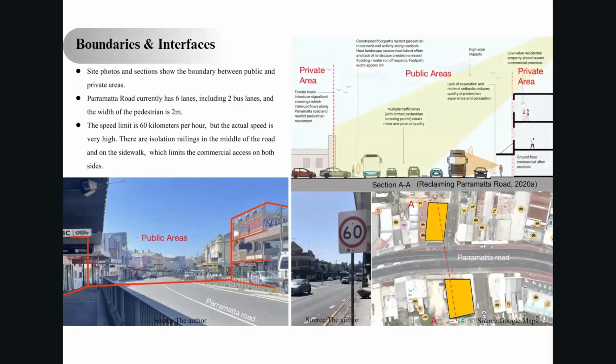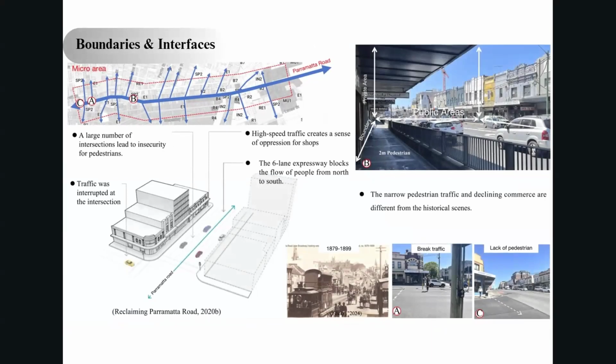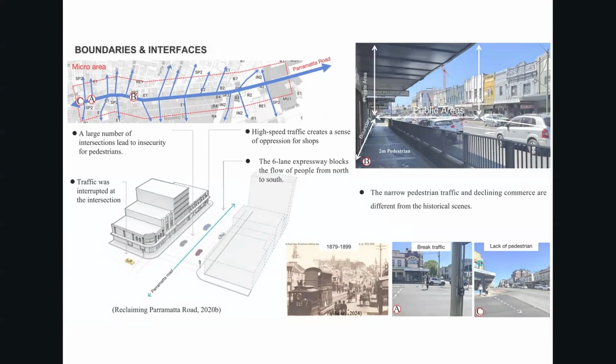The 2 meter pedestrian walkway makes people feel the pressure from the street. Most of the public space is dominated by cars. The large number of intersections have heavy traffic, lack of pedestrian passage, and noise make the surrounding area uninhabitable.